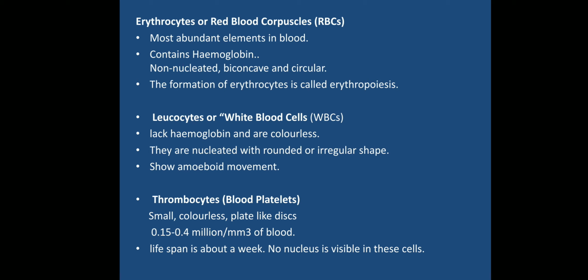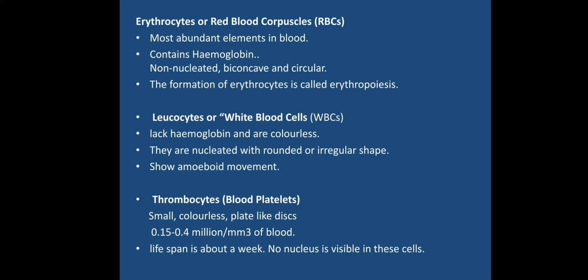The first type of blood cells is RBC, that is erythrocytes, or red blood corpuscles. These are the most abundant elements in blood, and due to this abundance, the blood is observed to be red in color. It contains a specific type of protein called hemoglobin. It is a globular protein responsible for carrying oxygen to the different parts of the body through the lungs.